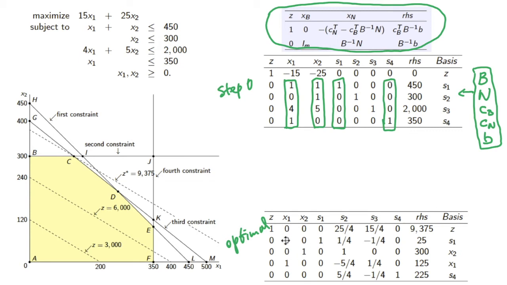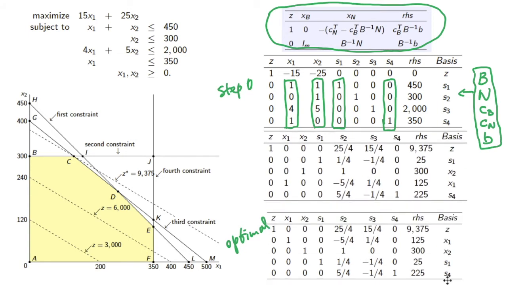Alright, so currently we see that the variables in the basis are not listed in the right order. Therefore, first we rearrange them by putting the row for x1 first, then for x2, then for s1 and s4, and as a result we'll obtain this correctly arranged tableau.